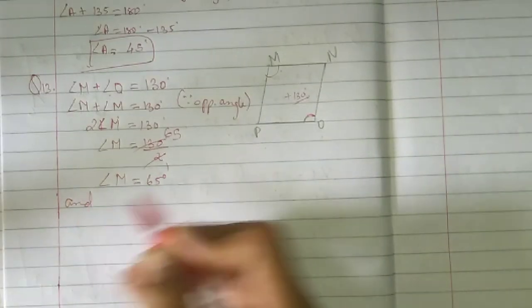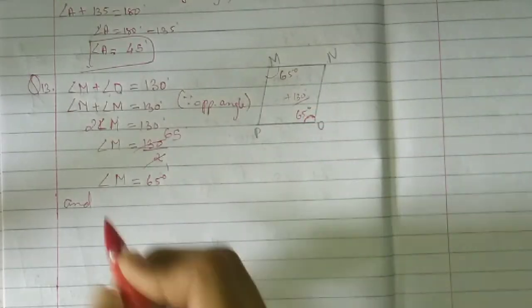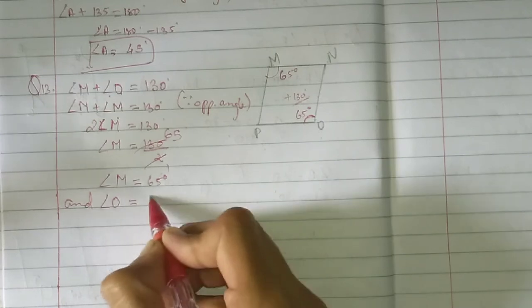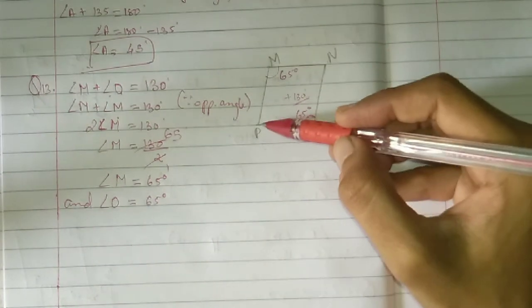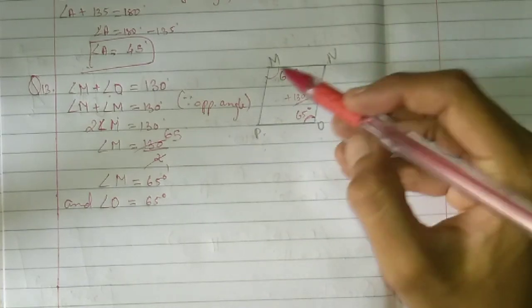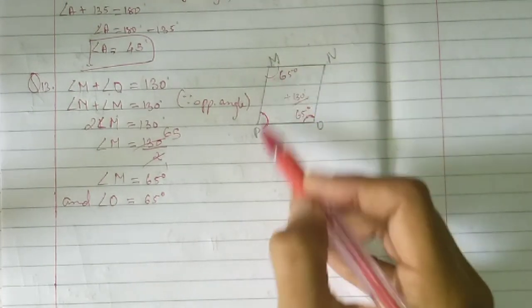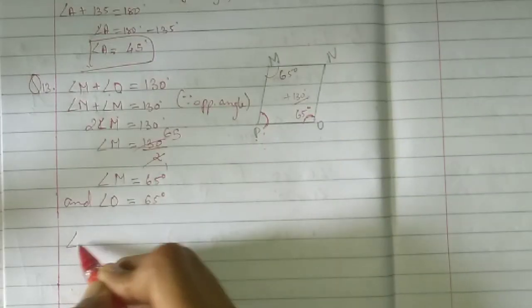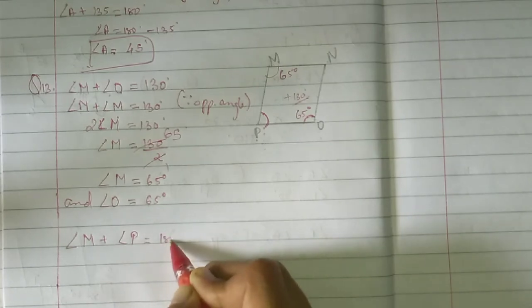And in the same way, if it is 65 degrees, then this O is also 65. So angle O equals 65 degrees. Now the other angles we have to find are P and N. So we can take this as an adjacent side. Angle M plus angle P equals 180.